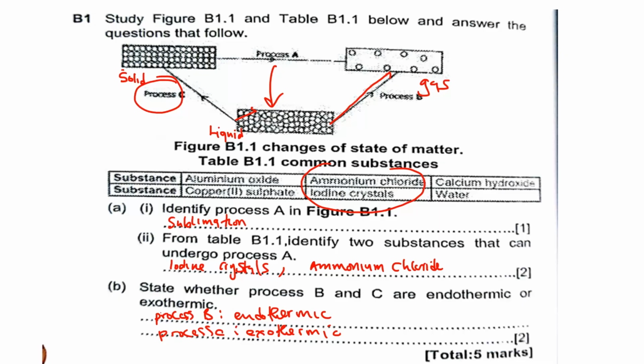Now, what are some of the questions that you expect on this part? Maybe just to try to look at also some questions that you expect. So some of the questions that you expect is to describe the arrangement of particles in these states of matter, that is solid, liquid, and gas. Now, to start with the solid, in terms of arrangement, particles are closely packed and arranged in regular pattern.